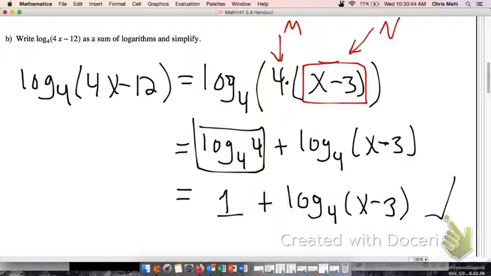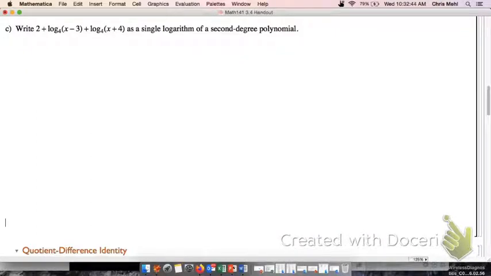Now we'll take a look at part C. Okay, so this time I'm supposed to write the expression 2 plus log base 4 of x minus 3 plus log base 4 of x plus 4 as a single logarithm of a second degree polynomial, in other words, a quadratic, right? A second degree polynomial is just another way to say a quadratic function.